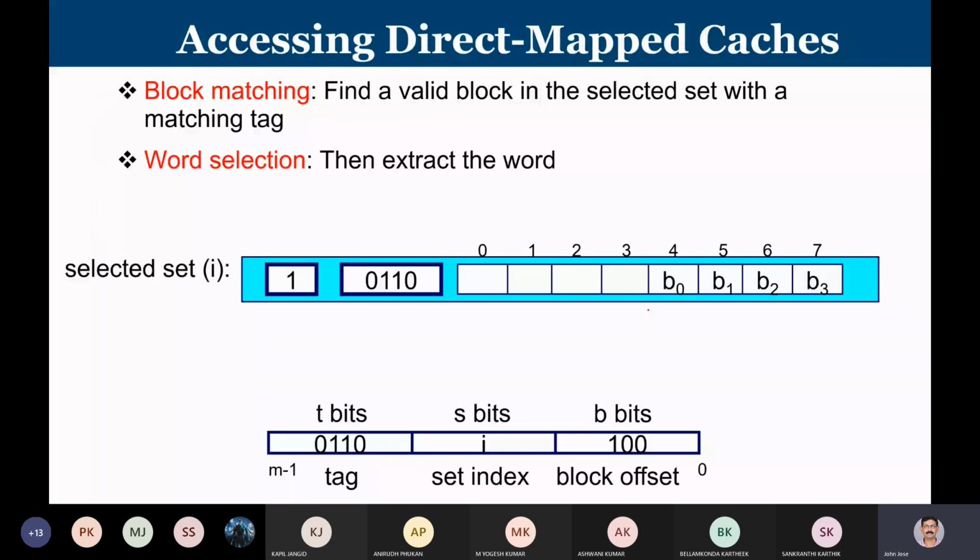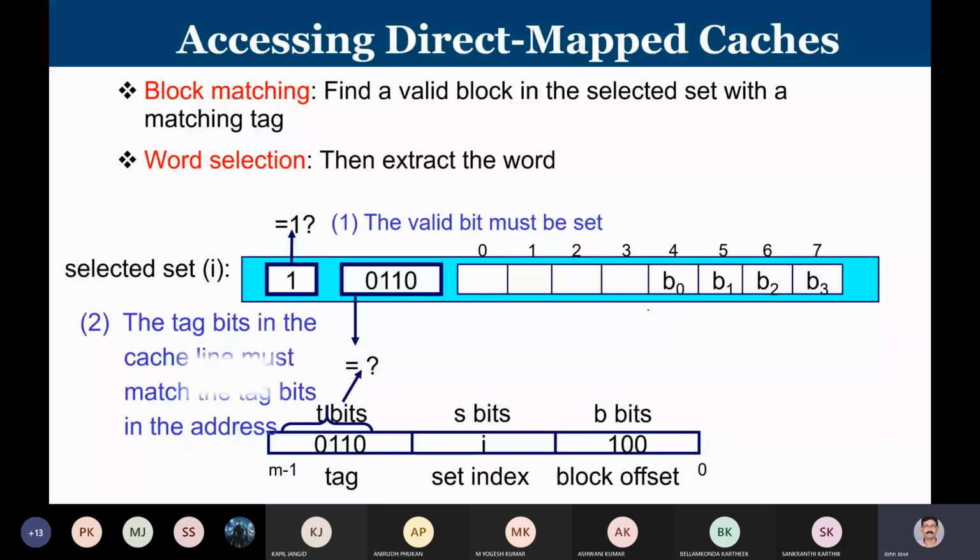So find a valid block in the selected set with a matching tag. For example, let us imagine this is the selected set. Valid is equal to 1, yes. This is the address that has been given, and the tag is also matching. The tag bits in the cache line must match the tag bits in the address. If they match, we call it a hit.